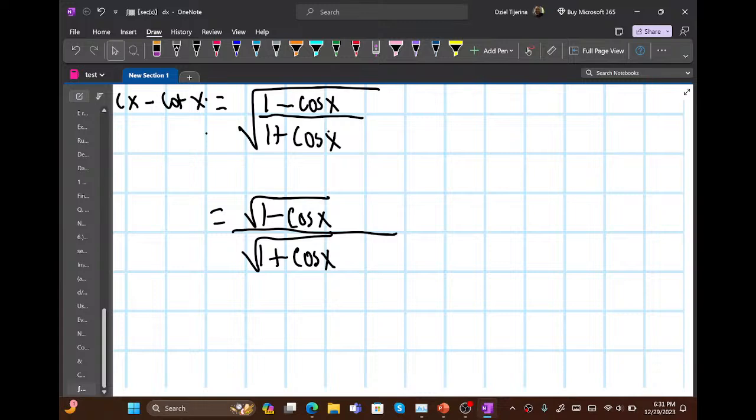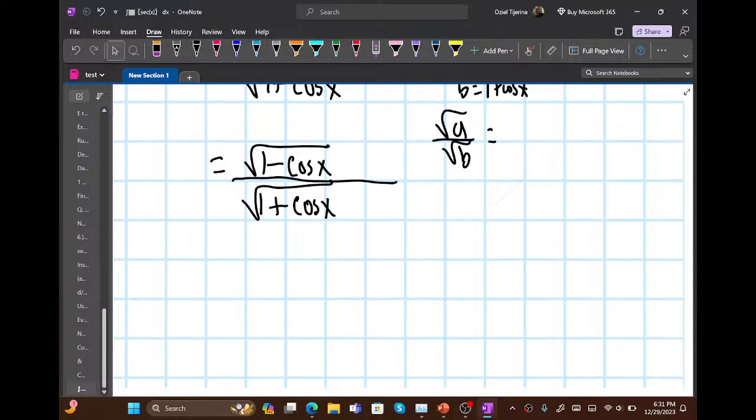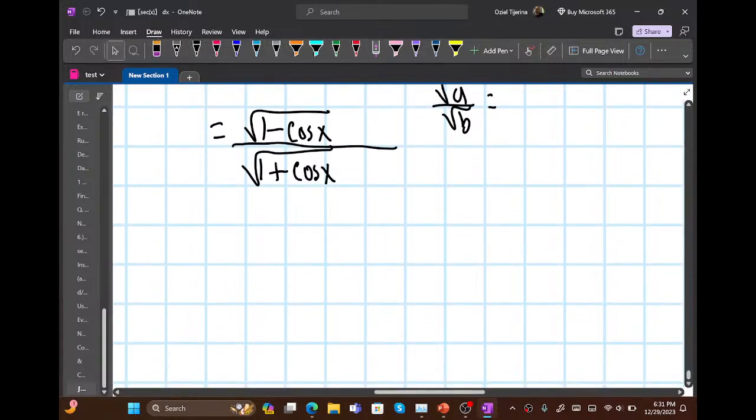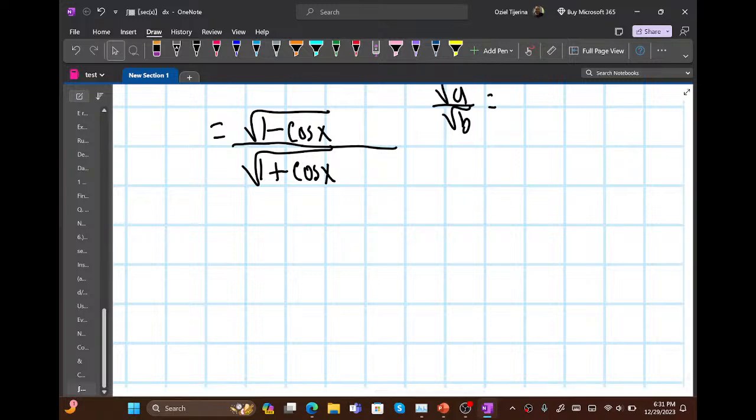If I have the square root of a over the square root of b, where a is 1 minus cosine x and b is 1 plus cosine x, we're always going to rationalize the bottom. So it's literally just going to be the square root of 1 plus cosine.